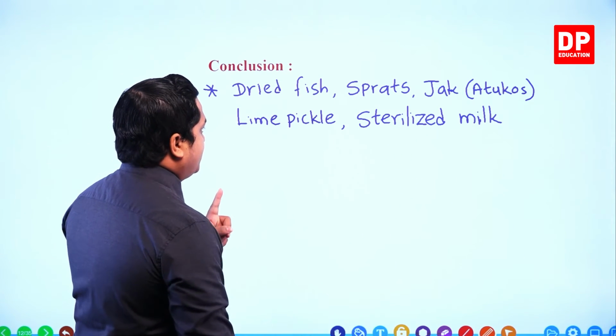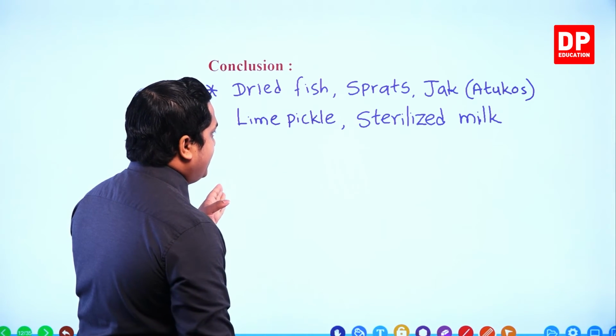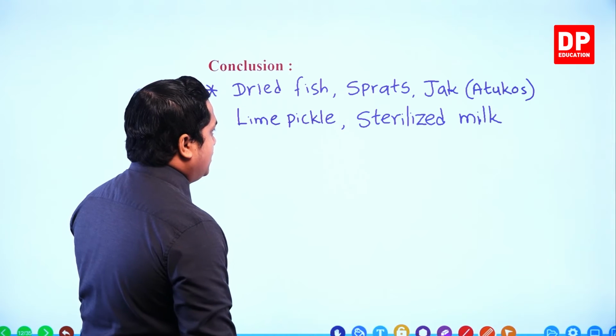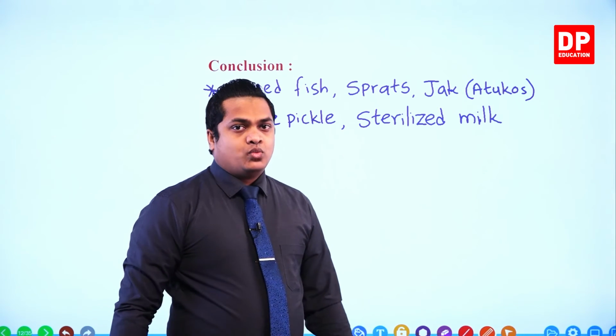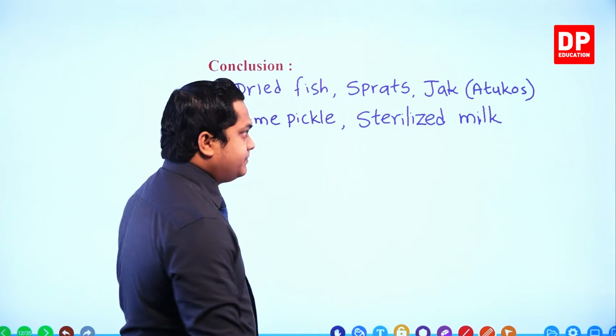So dried fish and spreads and jack or atukos, lime pickle and sterilized milk. All of these food items were preserved. These were preserved.